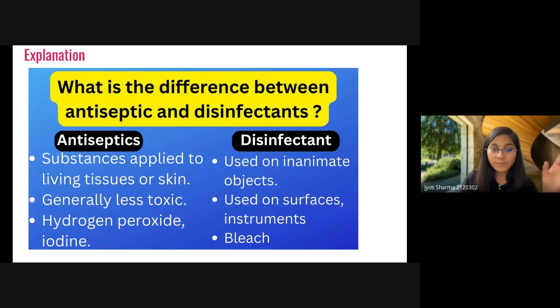So the substance that we can apply on the living tissue or the skin would be very less toxic. For example, hydrogen peroxide and iodine we can use as the antiseptic, that will prevent the infection on the minor cut.